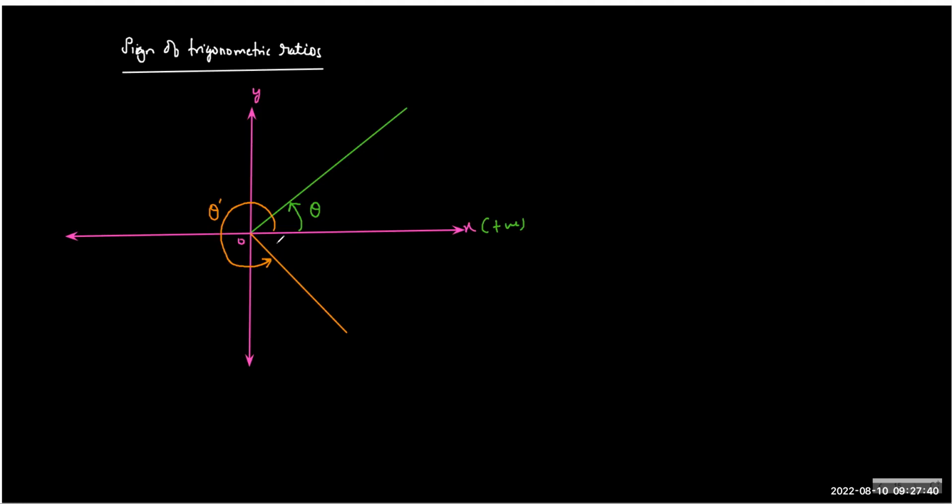But it is not only limited to that. In the Cartesian system, if the angle exceeds 360, then you repeat the rotation. So in the Cartesian system, the angle need not be only between 0 to 360, but it can be any angle.